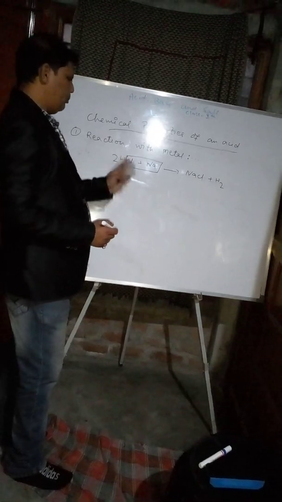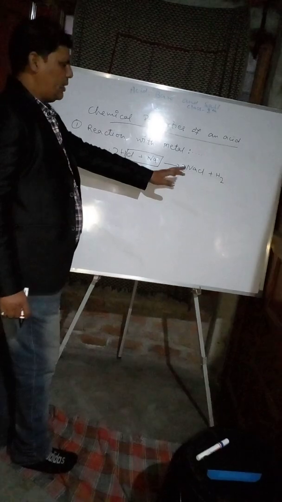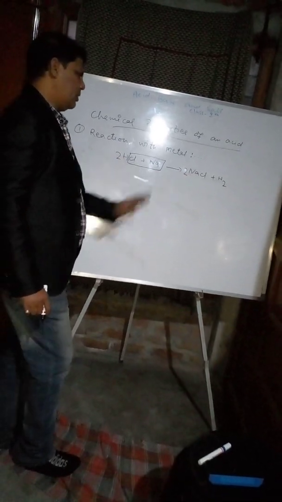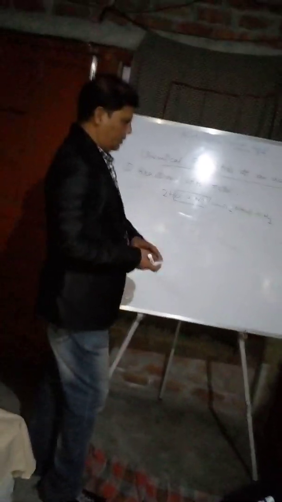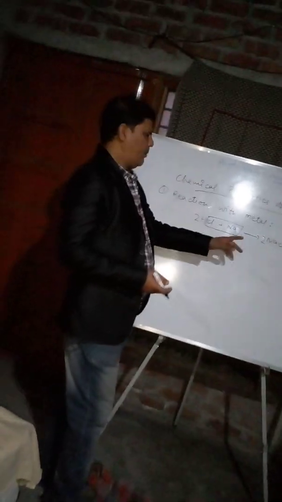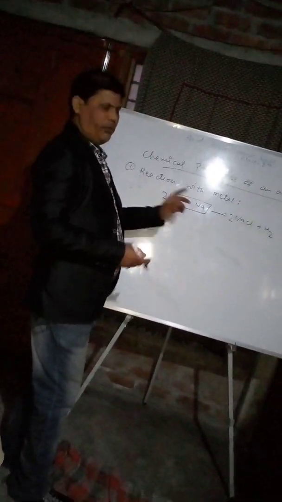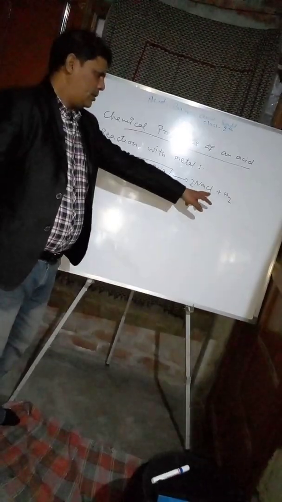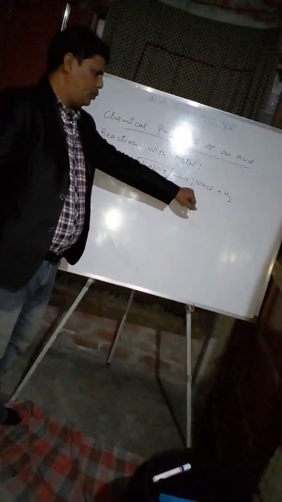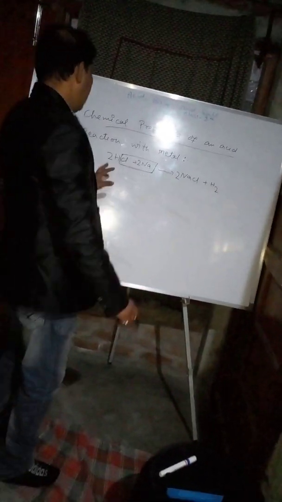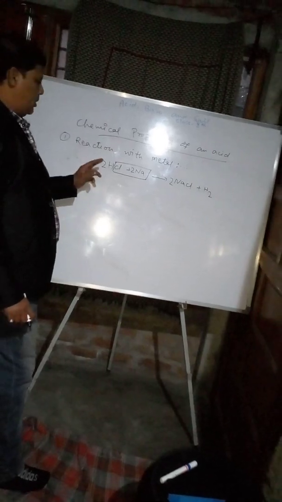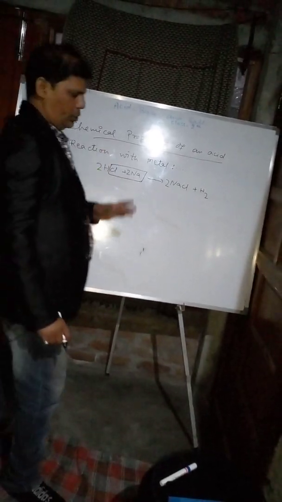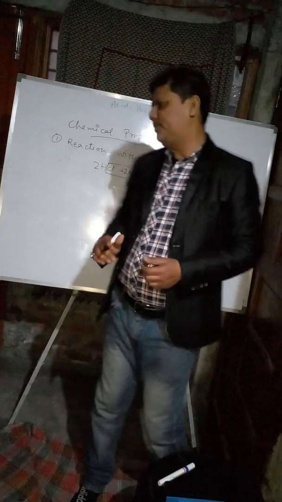So I have to multiply NaCl with 2, and then I have to put 2 before Na. Now 2Na, sodium 2, chlorine 2, hydrogen 2, and this side 2 hydrogen, 2 chlorine, 2 sodium. So reaction is balanced.